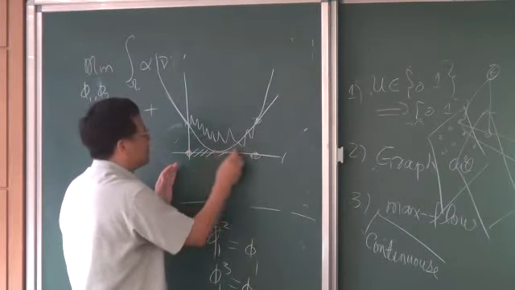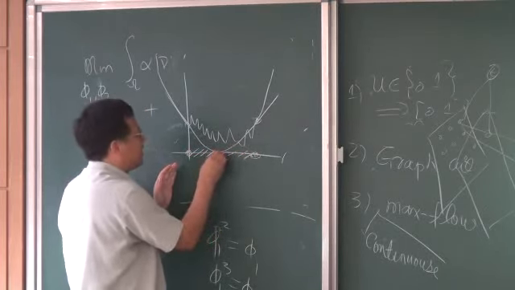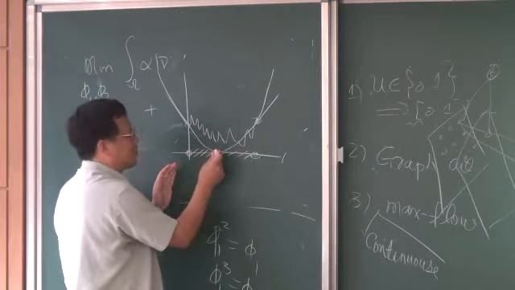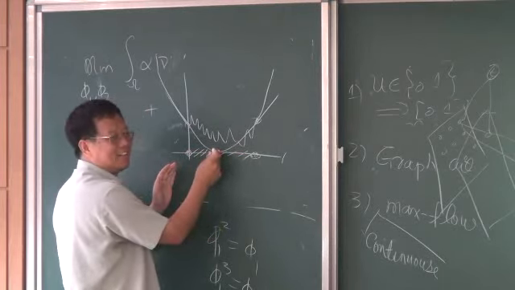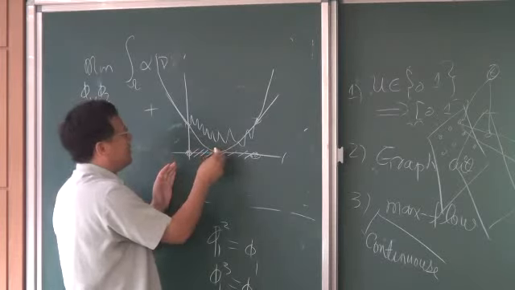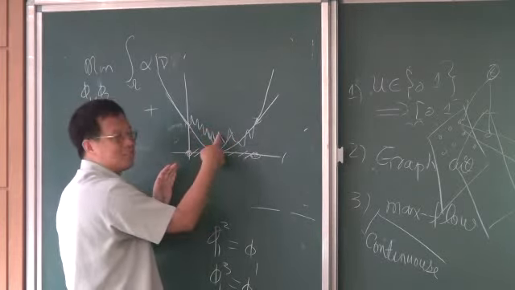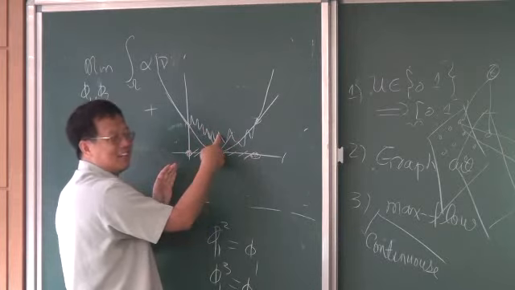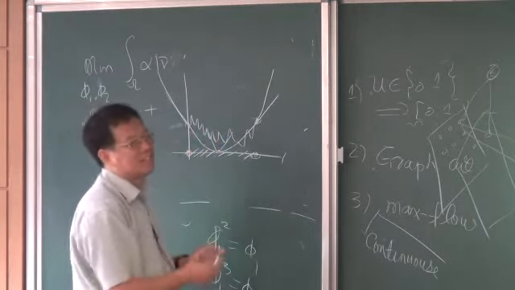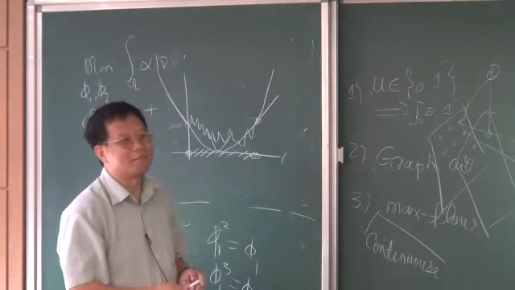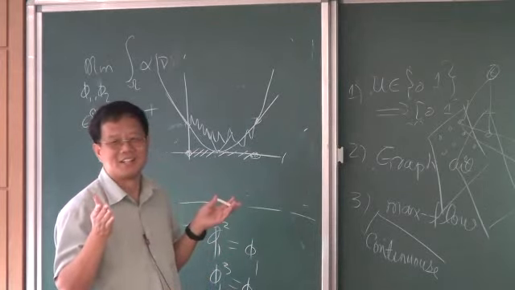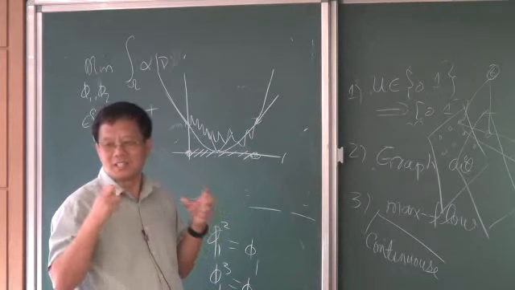Now I minimize over this interval. And then you see that your global minimizer is here. The best case is that the global minimizer of the new function coincides with your original function. For this case, it does. But maybe for many other cases, it doesn't.